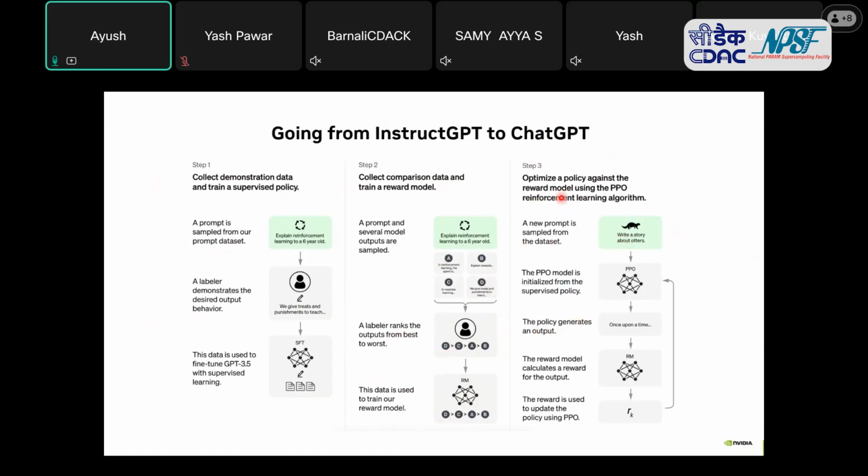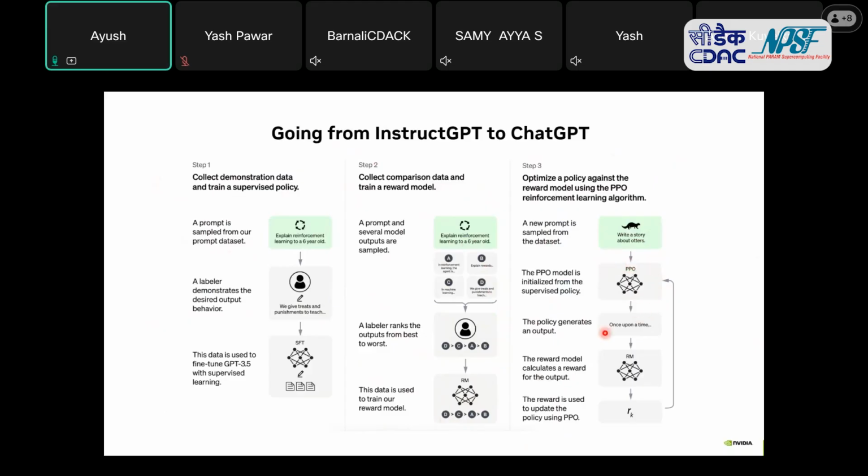So now you go again with the SFT model, you ask a question, and there is a PPO. We'll go into this in a bit of detail. We can just call this again a PPO model, this SFT model itself.